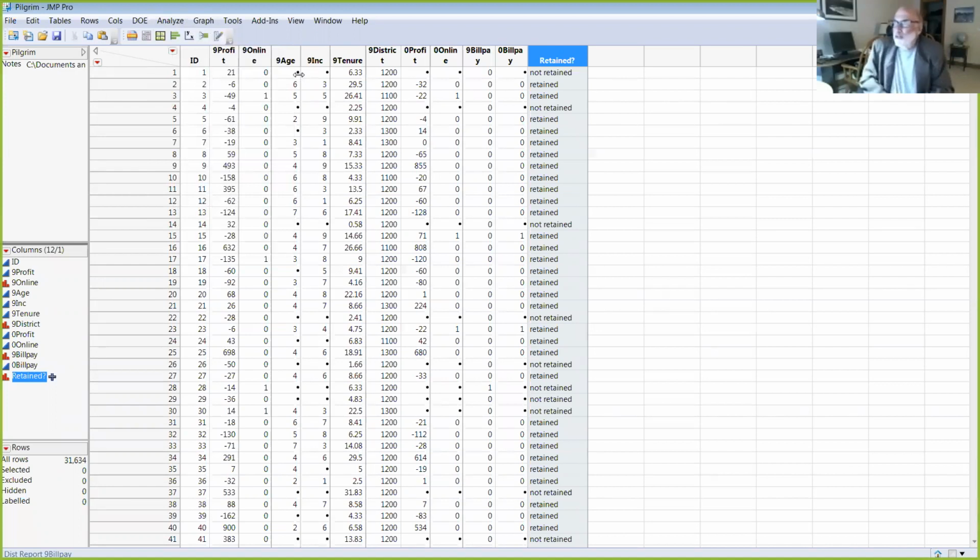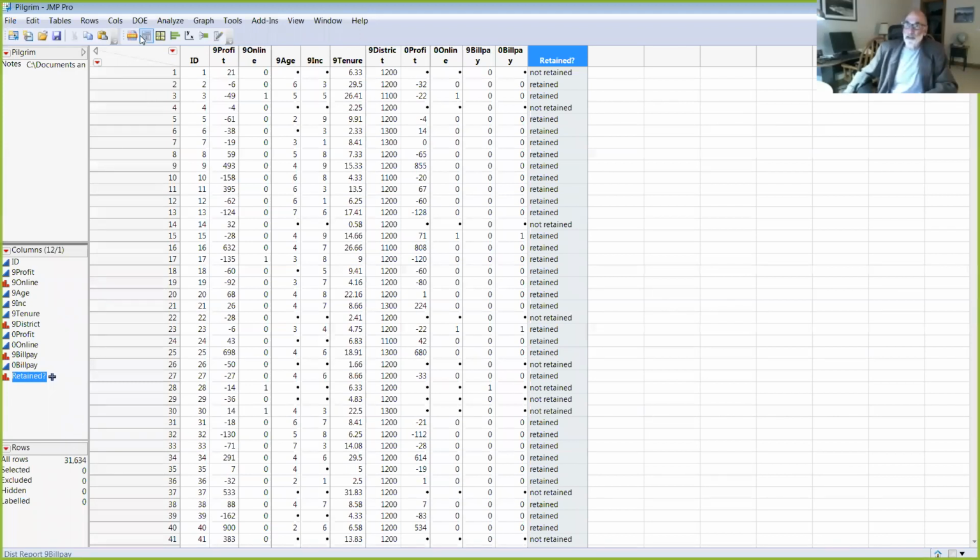Now I'm going to set this up for validation, because with a data set this large, we really should be doing validation, although I'll show you that in fact JMP does not require you to do validation as much as other software programs would.